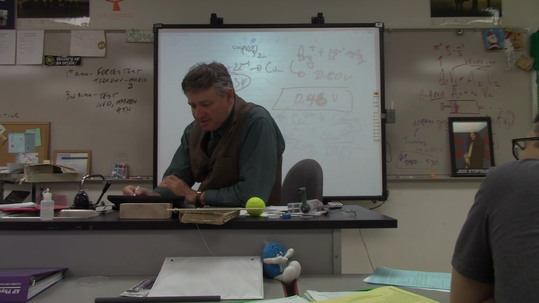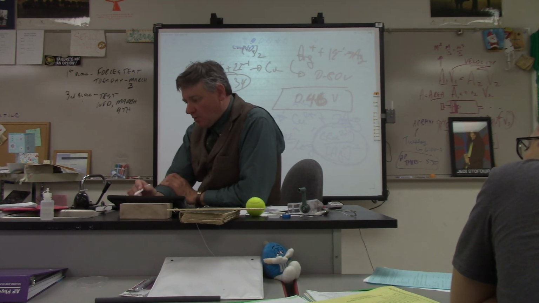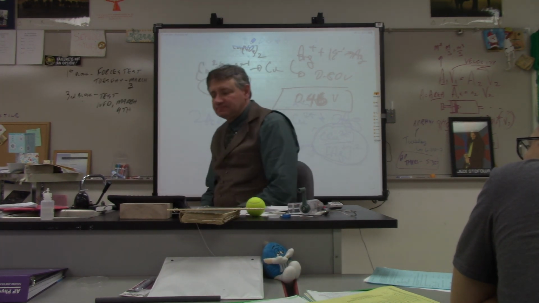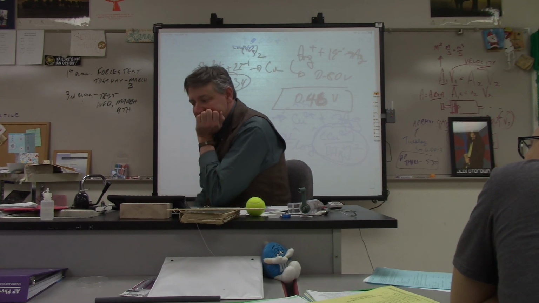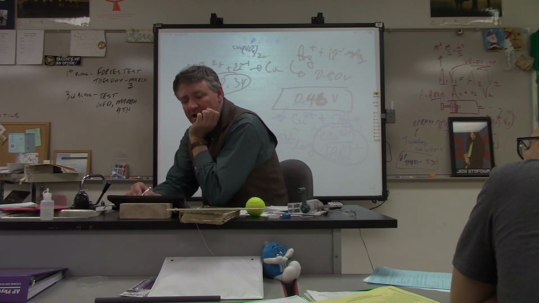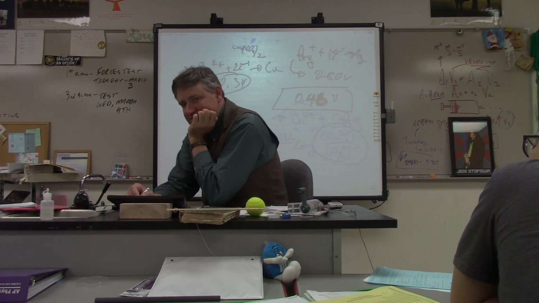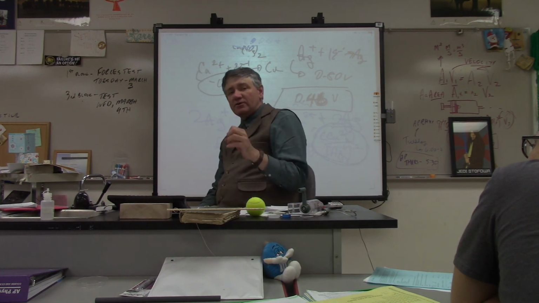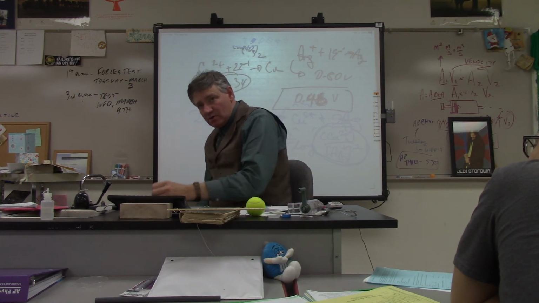So over a period of time, what's going to happen to the value of Q? Will it go above 1 or less than 1? The copper ion concentration is increasing and the silver ion concentration is decreasing, so the Q value itself will be bigger than 1.